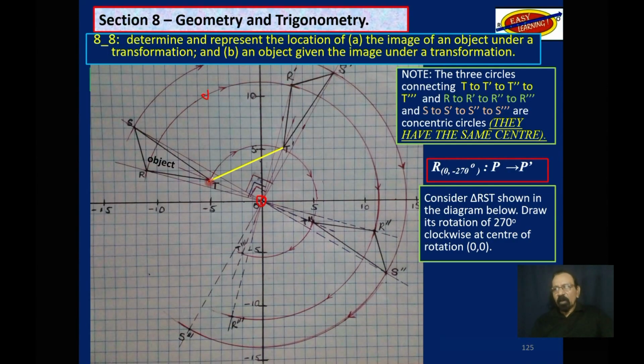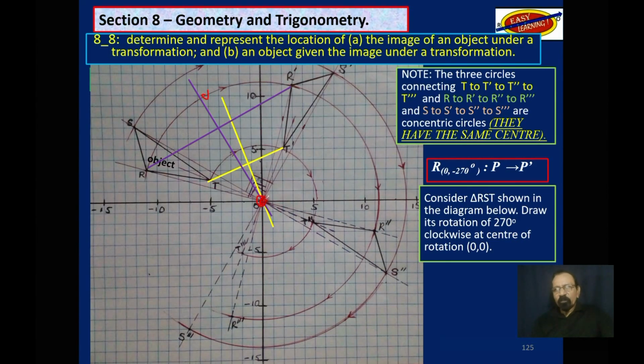So if we draw a chord from here to here, from T to T prime, get its perpendicular bisector, it will pass through the center of that circle. We can do the same thing from here, say R to R prime or S to S prime. Let's take R to R prime. Perpendicular bisector, it passes through this point. Now that's all we need. You can do the S to the S prime.